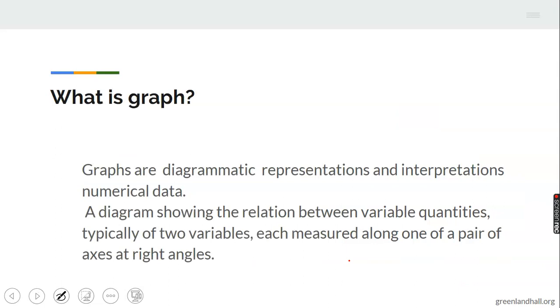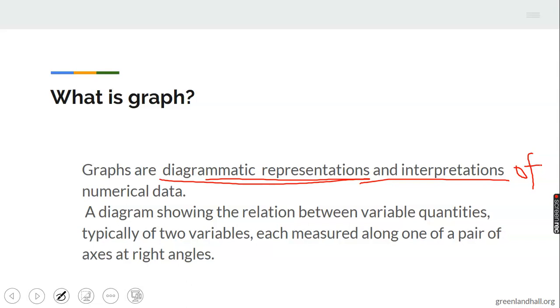Now, graphs are diagrammatic representations and interpretations of numeric data.